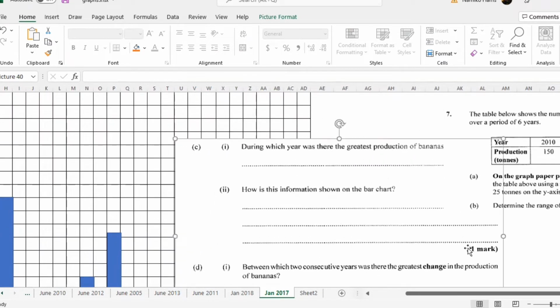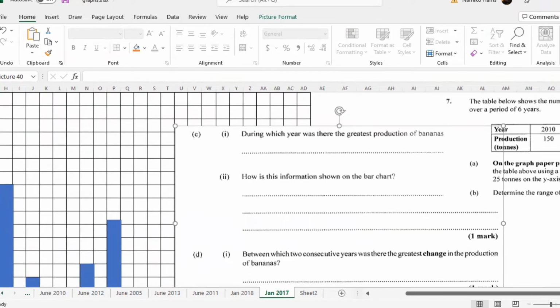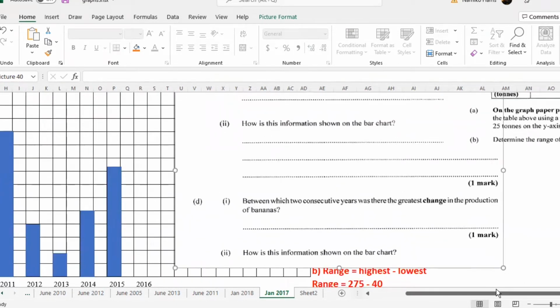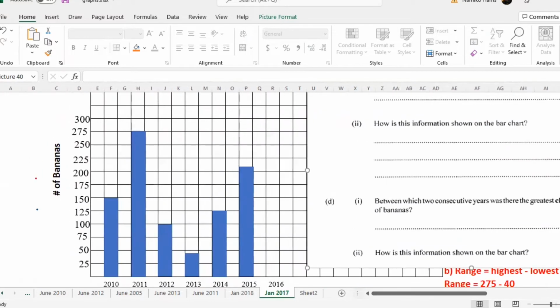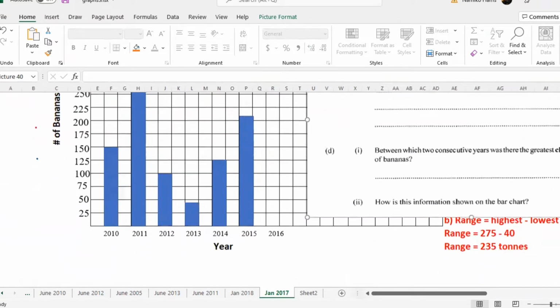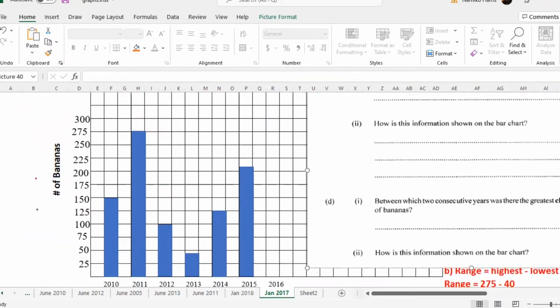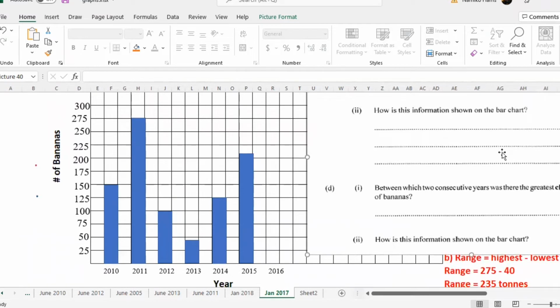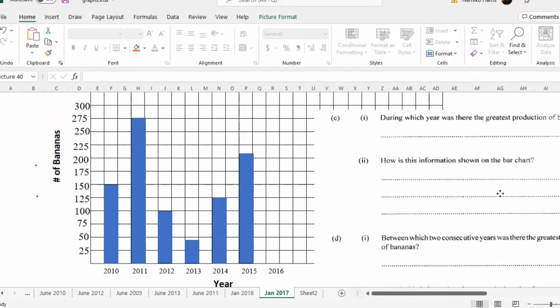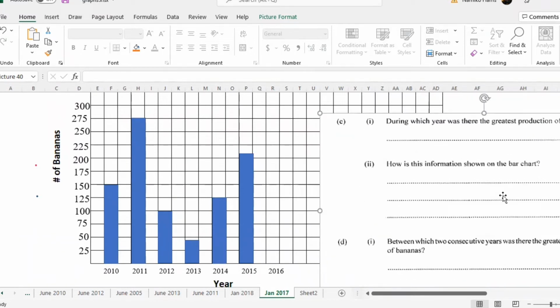So we're going to use our table to answer this one. So it says, between which year was there the greatest production in banana? So now look at our bar chart and tell me which would be the greatest year of production of banana.